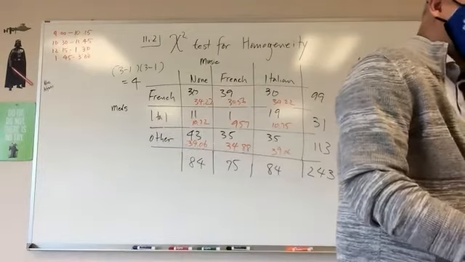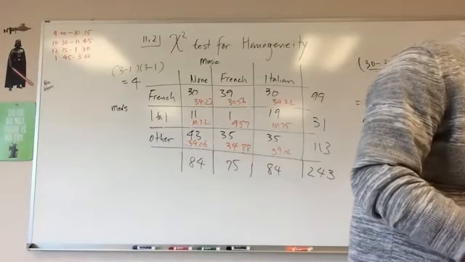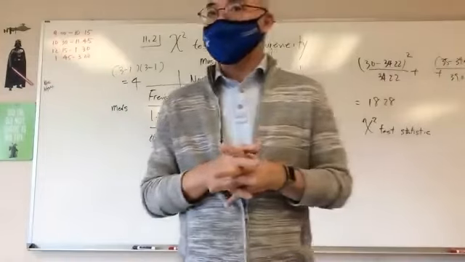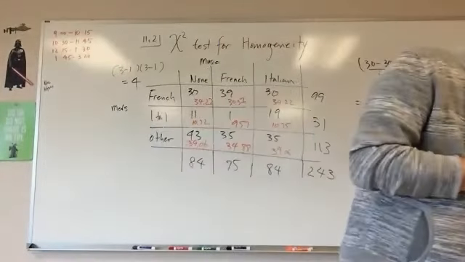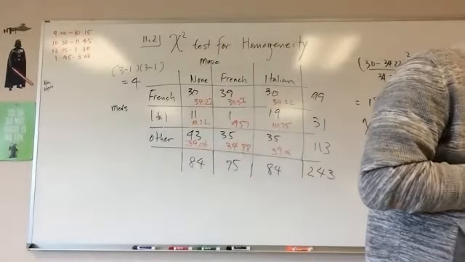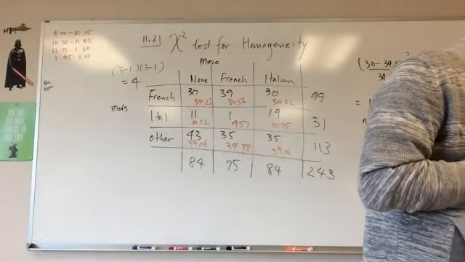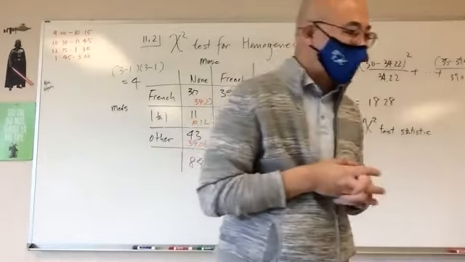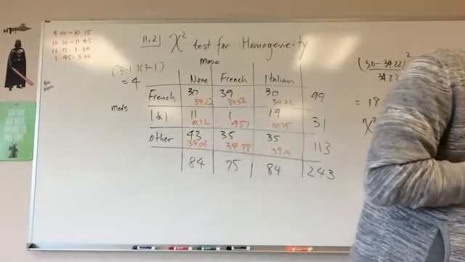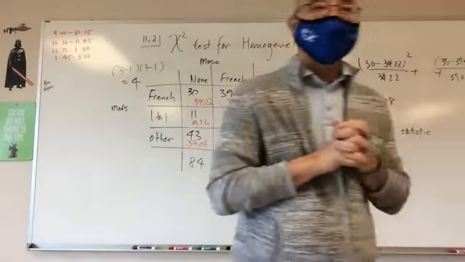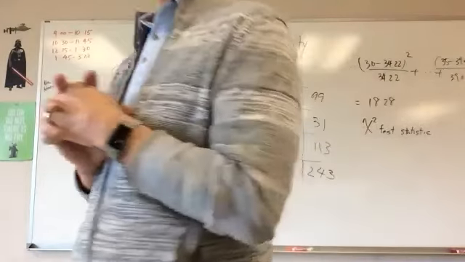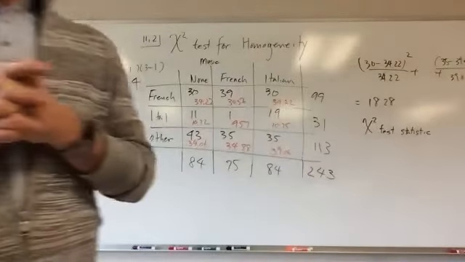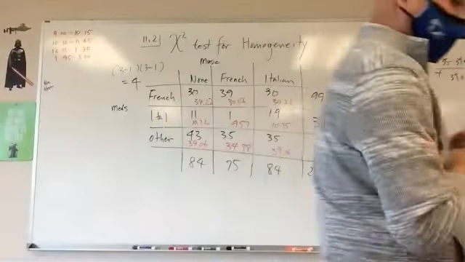Once you get that done, you can go to stat test and do the chi-square test. If you press that, from the matrix, it's going to calculate the chi-squared value. It's going to give you the p-value, and it's also going to tell you what the degree of freedom is.